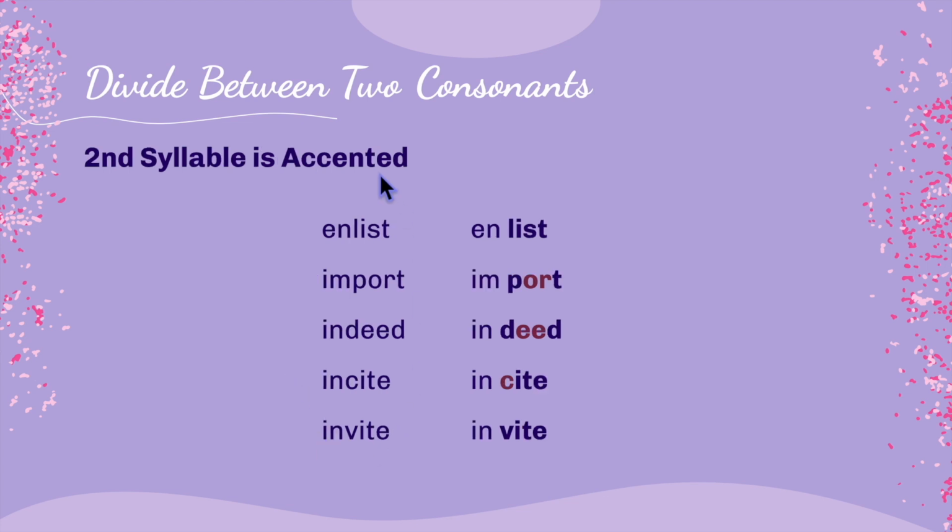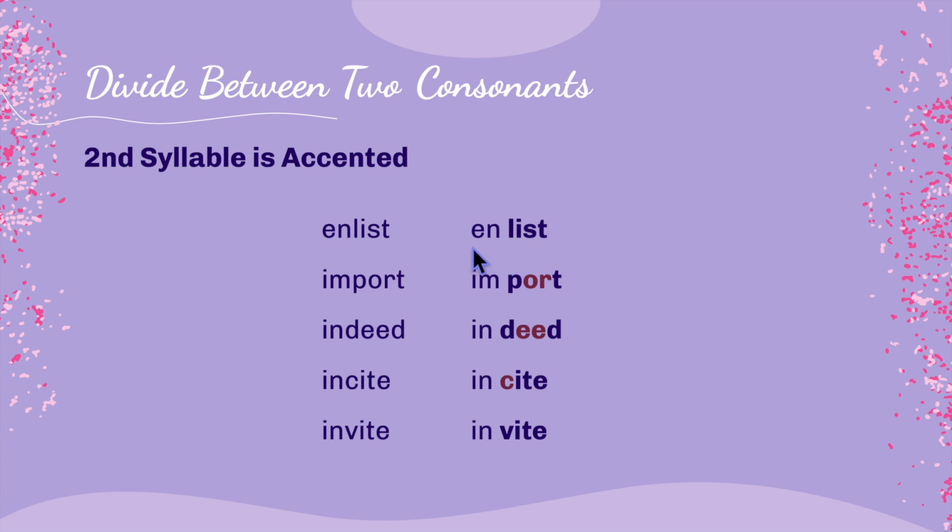In these words, the second syllable is accented. So the second syllable will have the clear vowel sound. We are splitting between the two consonants. Here, here, here, here, and here. We remember OR says or, E, and this C will have its soft sound. So we have enlist.